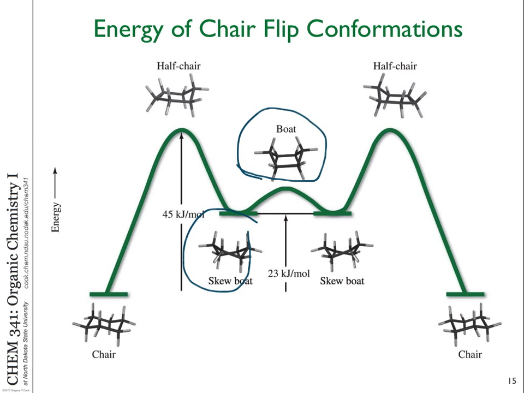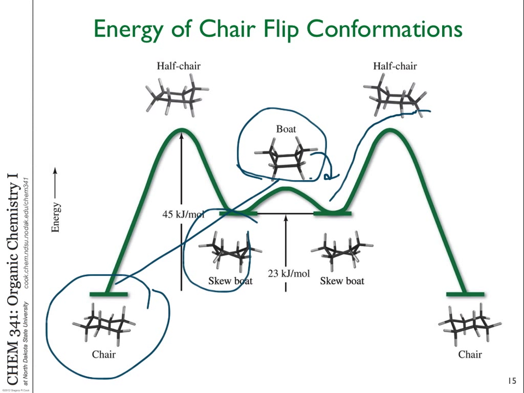Notice, though, the boat conformation relative to a chair conformation is significantly higher in energy. And then it can go back the other way. So you can go from the boat and flip the other end down now, and you go up to this point, and then down to the chair as that end goes all the way down.